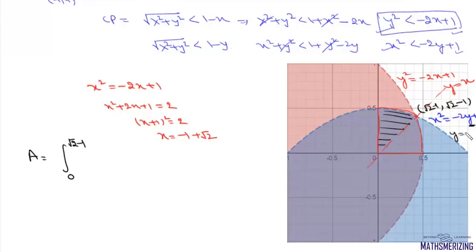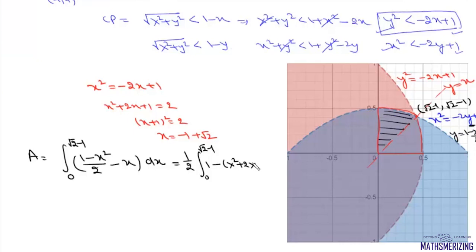So we write 1 minus x square upon 2 and then minus y of lower curve, which is simply this straight line, which is x, dx. So we can actually write this as 1 by 2 from 0 to root 2 minus 1 and then 1 minus x square plus 2x.